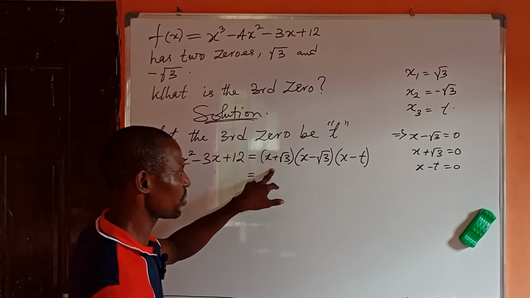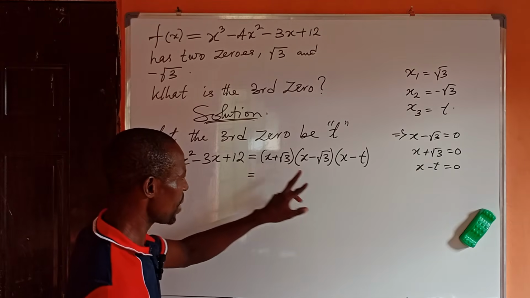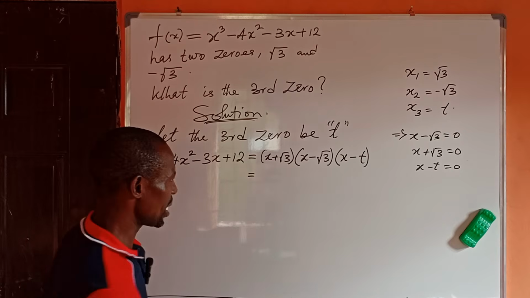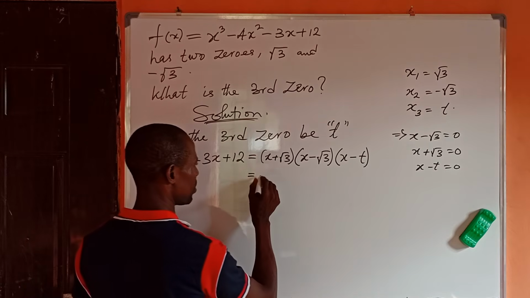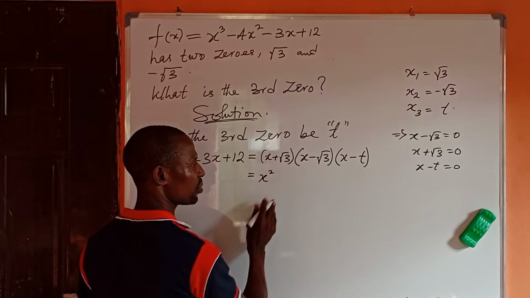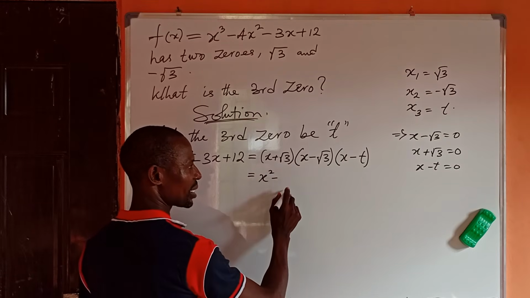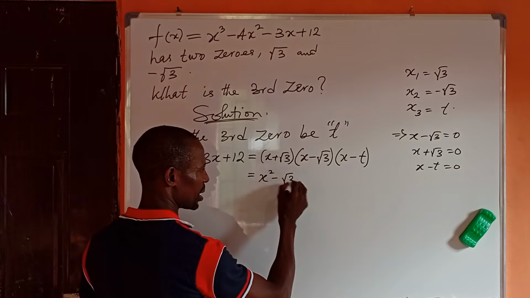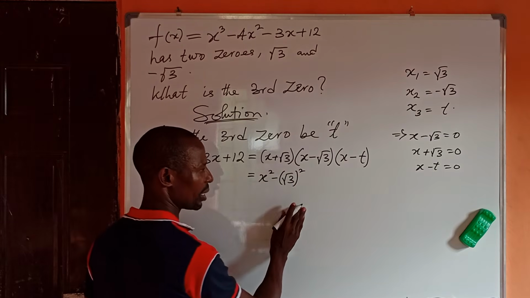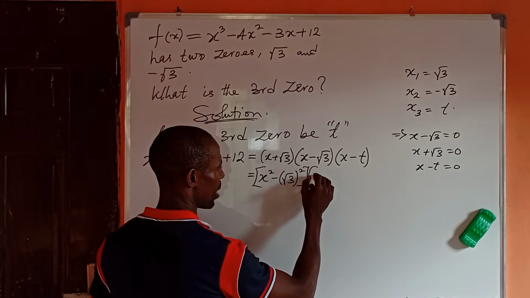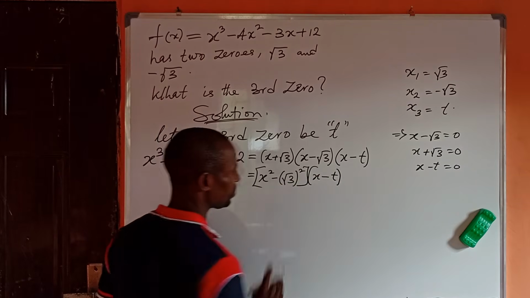So since it's a conjugate, we just have to apply the rule, which says that so long as this is a conjugate to this, it is going to give us x raised to power 2, then minus the square root of this, which is this, all raised to the power of this, all in square bracket, then bracket x minus t.